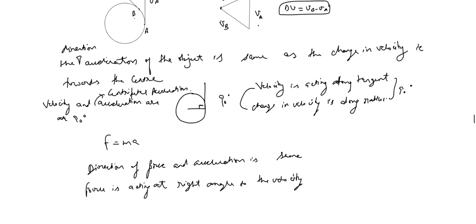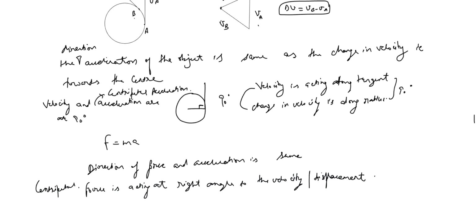And if you remember, I have discussed that the direction of velocity and direction of displacement is the same, right? So centripetal force is acting at right angle to the velocity or displacement. Is it fine?